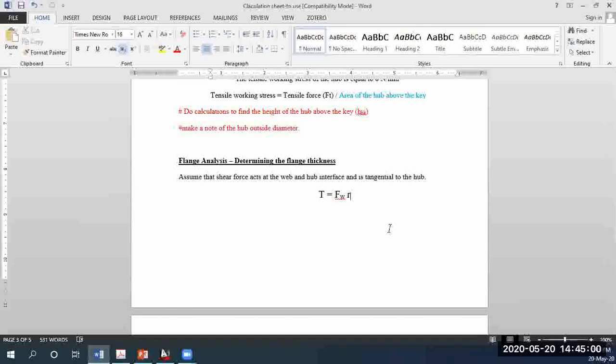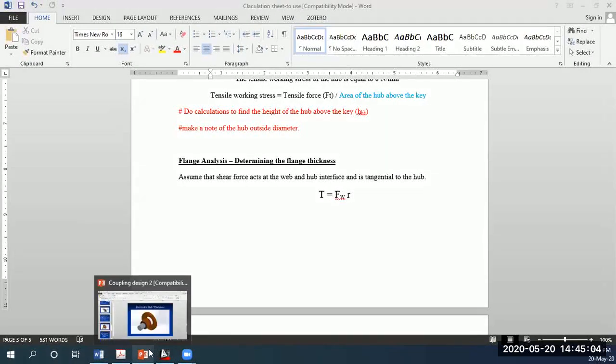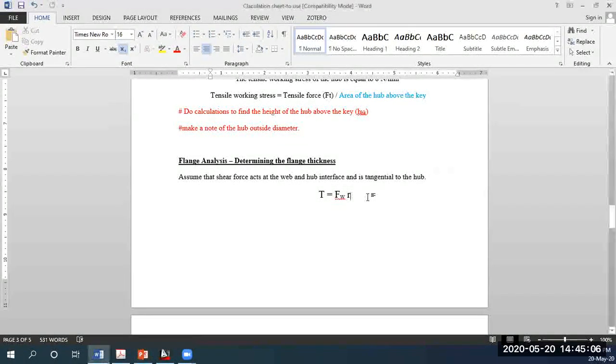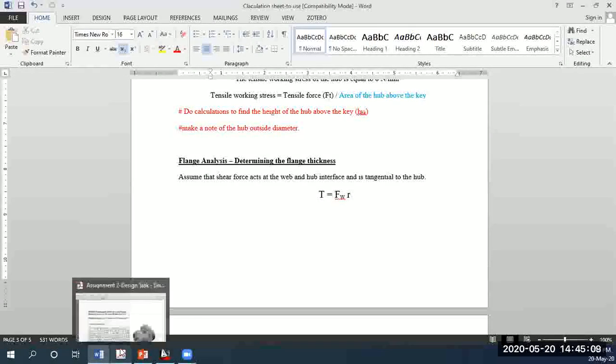Any suggestions? What do you think R will be? The radius in this case.